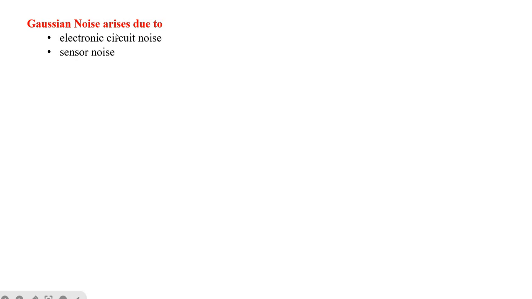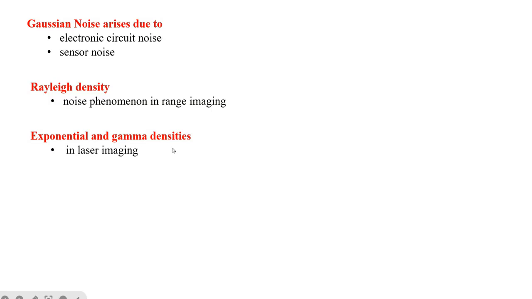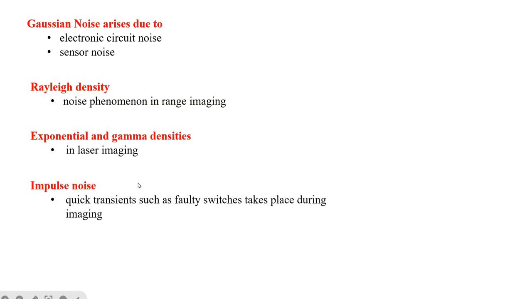Now the Gaussian noise arises because of factors such as electronic circuit noise and sensor noise, which are due to poor illumination or high temperature. Then the Rayleigh density is helpful in characterizing noise phenomena in range imaging. Exponential and gamma densities find applications in laser imaging.